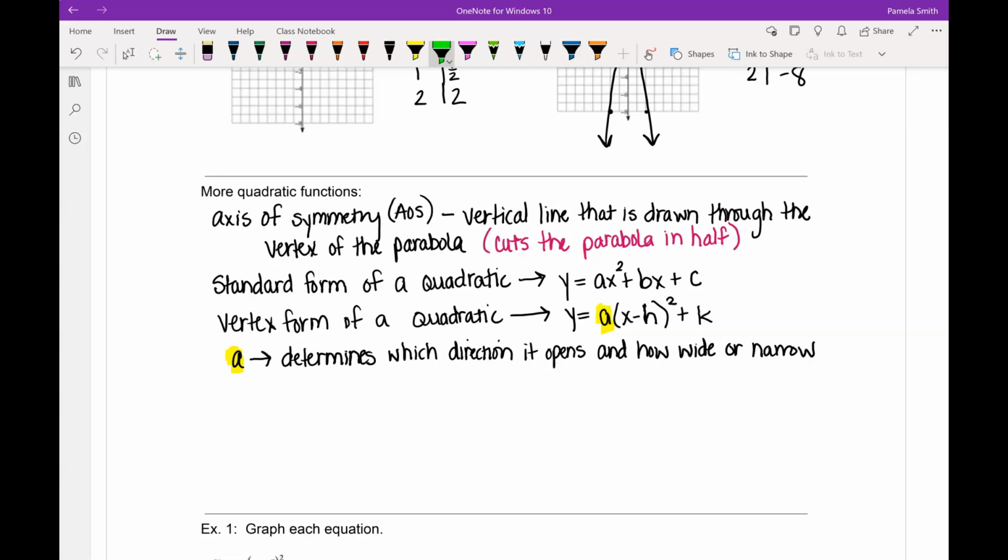We also talked about k yesterday. So k, if we remember, is our vertical shift. It determines our vertical shift.